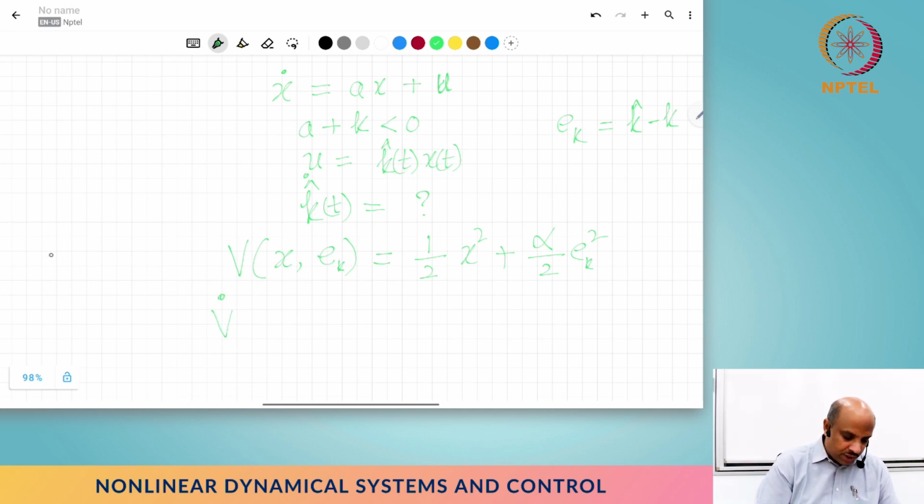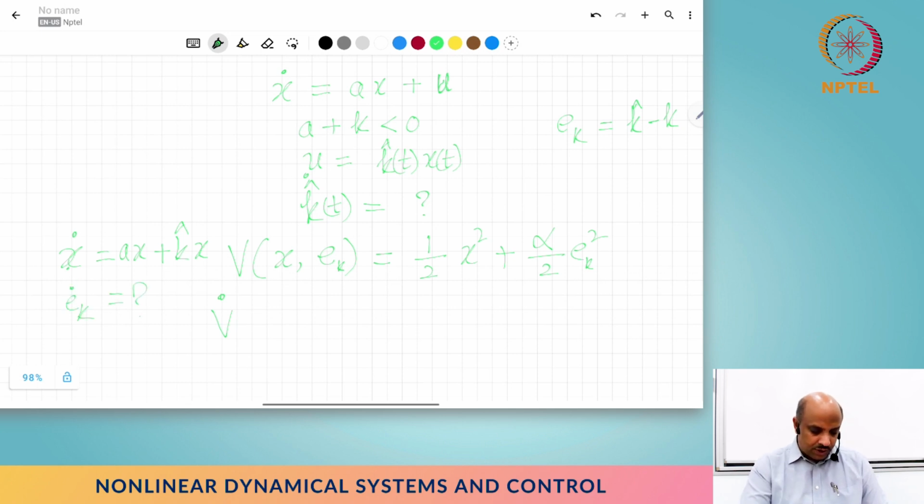The closed loop system we are dealing with is x dot equals a x plus k hat x, and e k dot equals question mark. The rest of it is unimportant. For this system, we are trying to show Lyapunov stability.